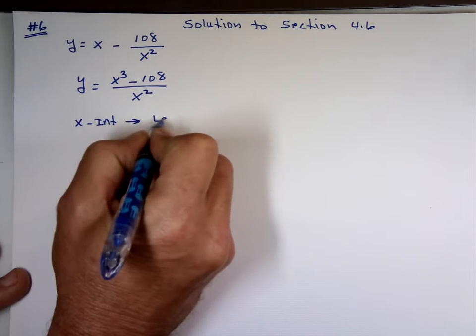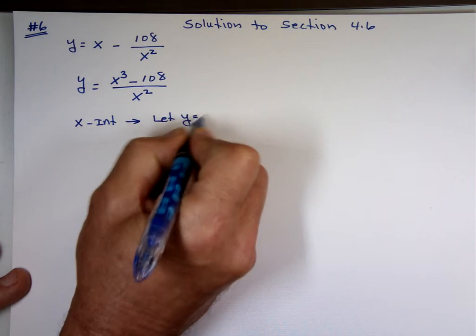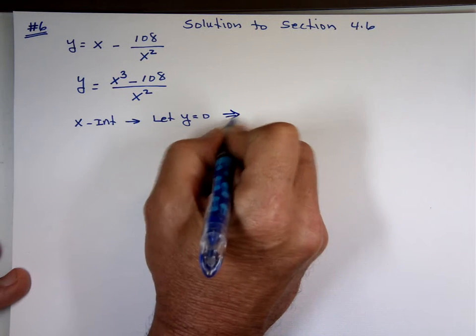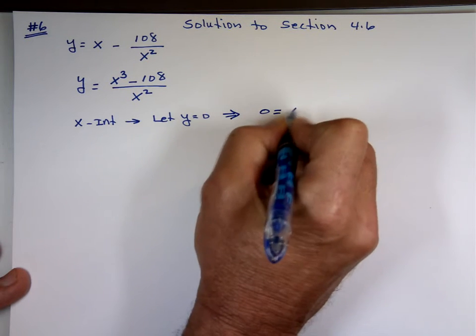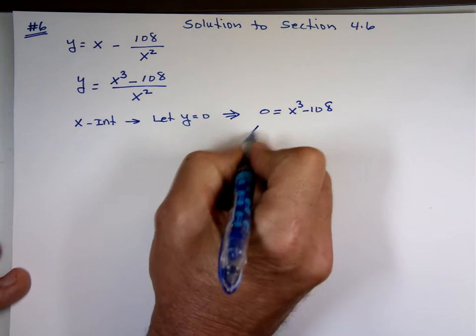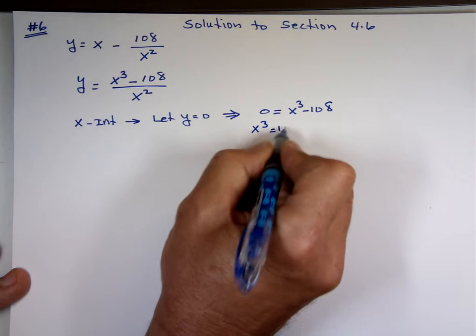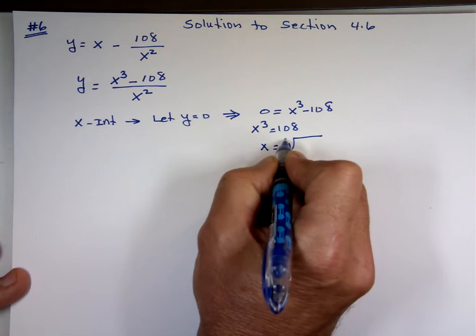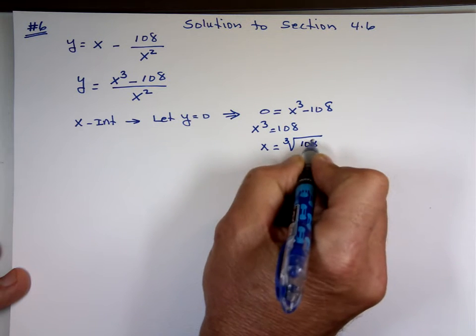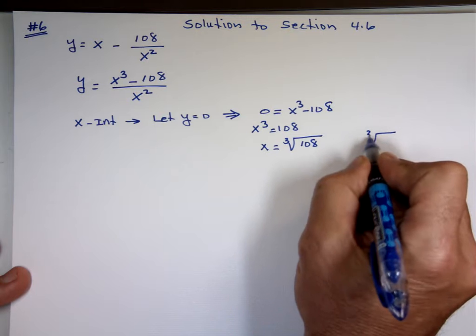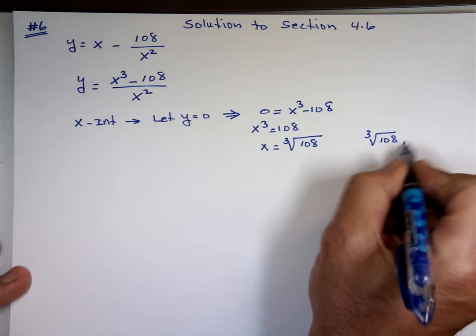That's you let y equal 0. When you have a fraction, for the fraction to be 0, that means the top has to be 0. X cubed has to be 108. X has to be the cube root of 108. So the x-intercept is the cube root of 108 and the y value is 0.